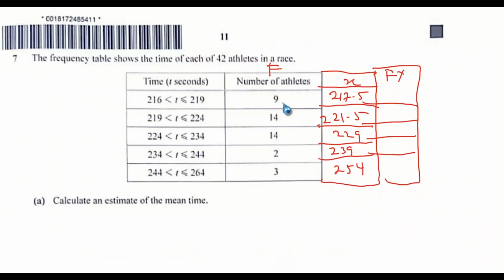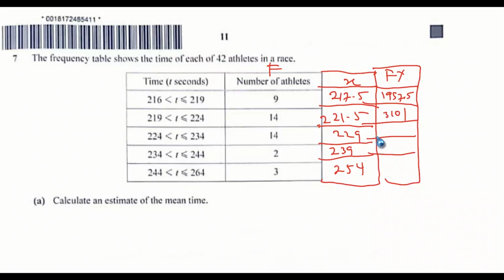So next we multiply column f by column x. So that will be 9 times 217.5. So that will give us 1957.5. Then the next one will be 3101.